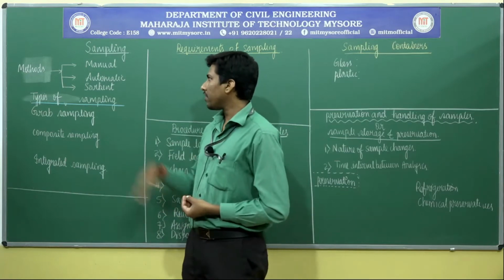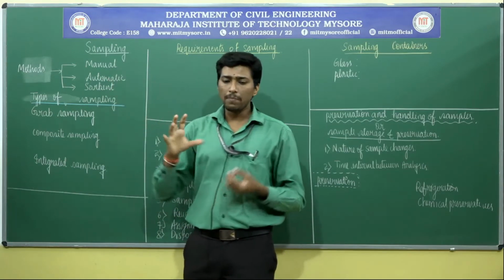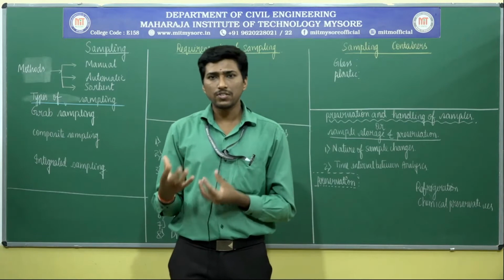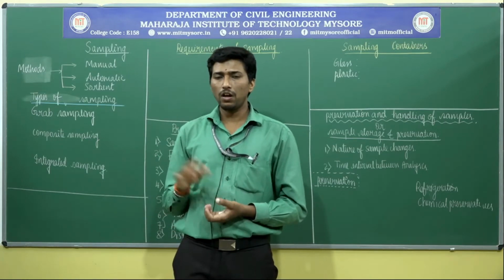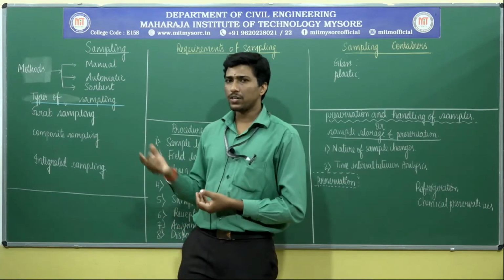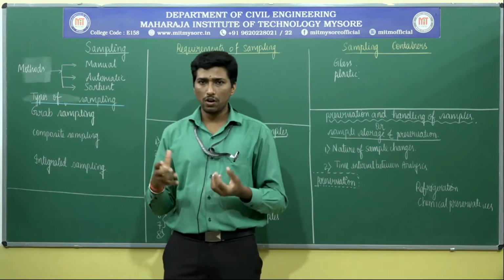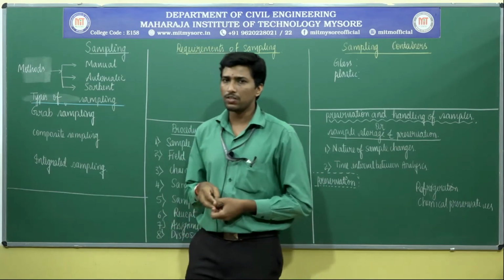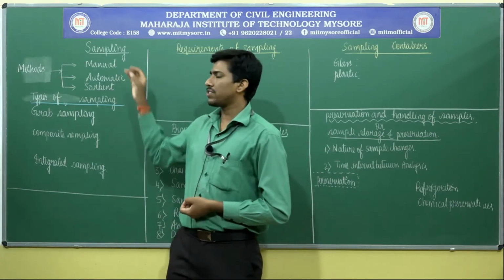Here manual means an individual person who is skilled or an expert, along with colleagues or other co-workers, going for collection of the samples. That methodology we call manual sampling.